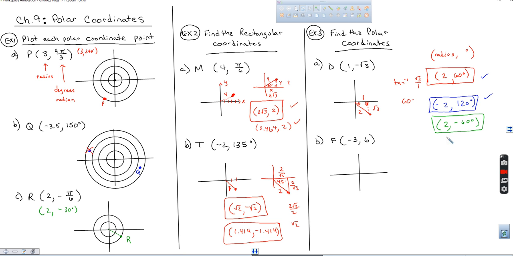That 60 degrees looks a little weird here, so let me clean it up a little bit. So it's 60 degrees there. All right, so these are 3 different ways of naming the same exact point, landing in the same exact position.